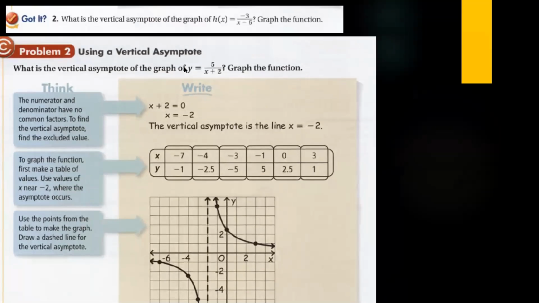Now let's find the vertical asymptote of the graph of h of x equals negative 3 over x minus 6. Then you have to graph the function. Here h of x is negative 3 over x minus 6.